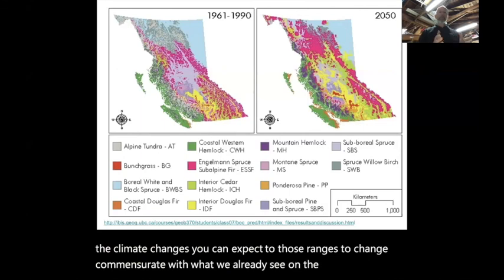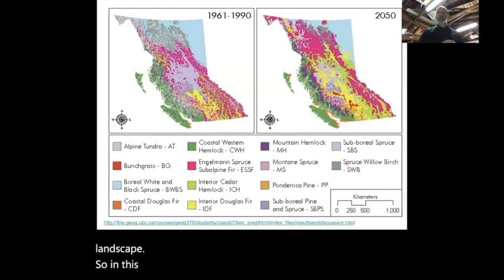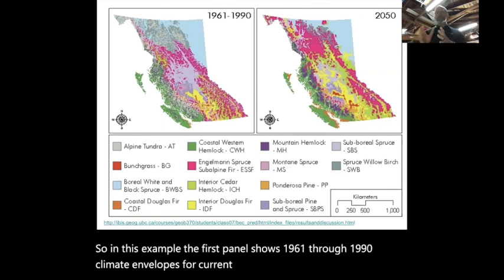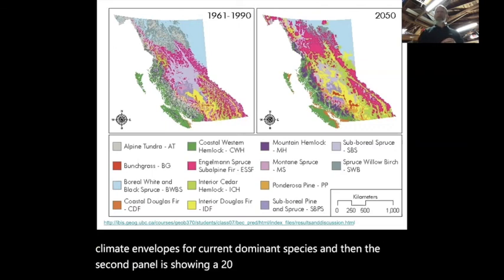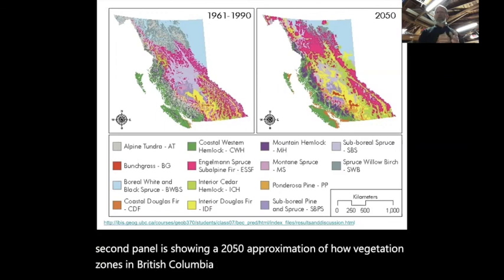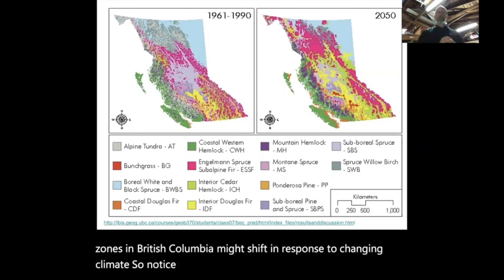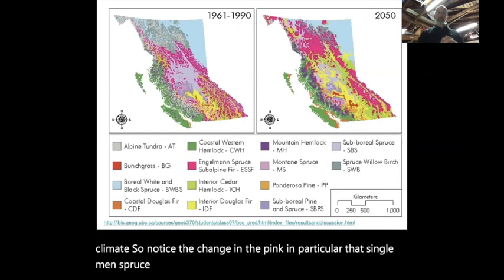So in this example, the first panel shows 1961 through 1990 climate envelopes for current dominant species. And then the second panel is showing a 2050 approximation of how vegetation zones in British Columbia might shift in response to a changing climate. So notice the change in the pink in particular, that's Engelmann spruce and subalpine fir zone.